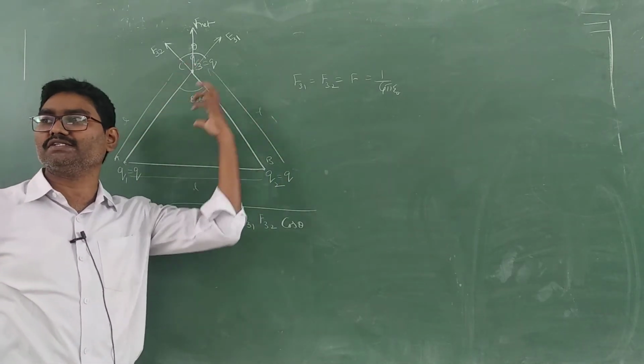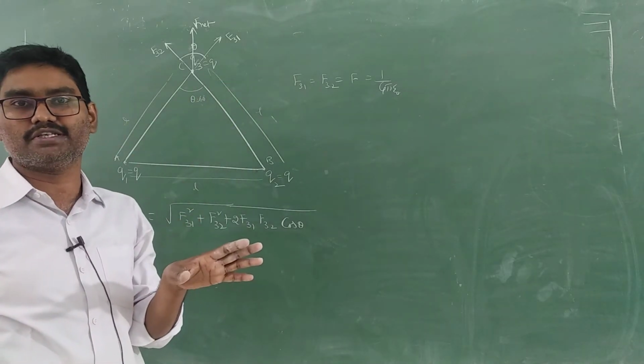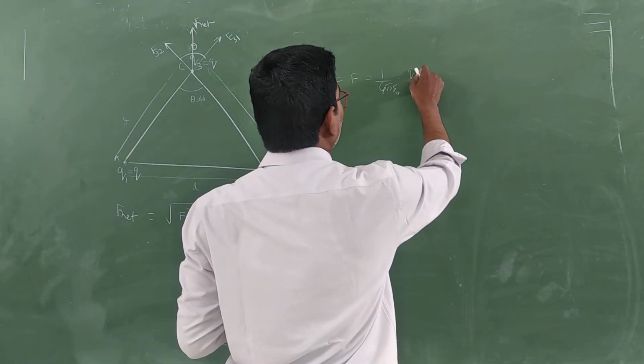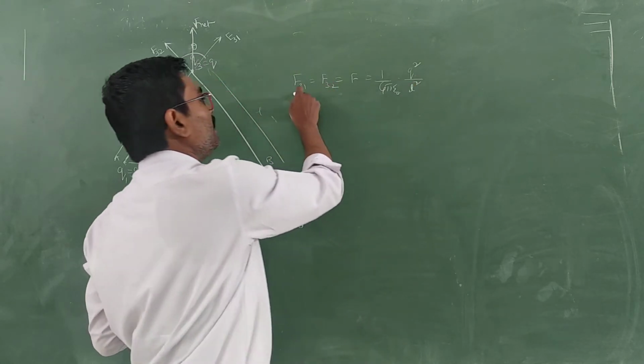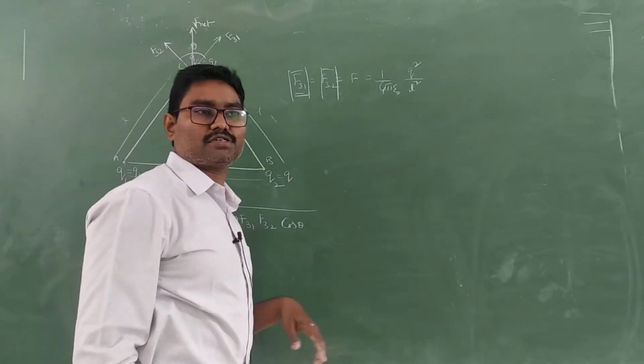Everywhere the distance and magnitude of charges are the same, so the force will not change magnitude wise. So it is Q into Q, Q square by L square, the magnitude of these two forces.